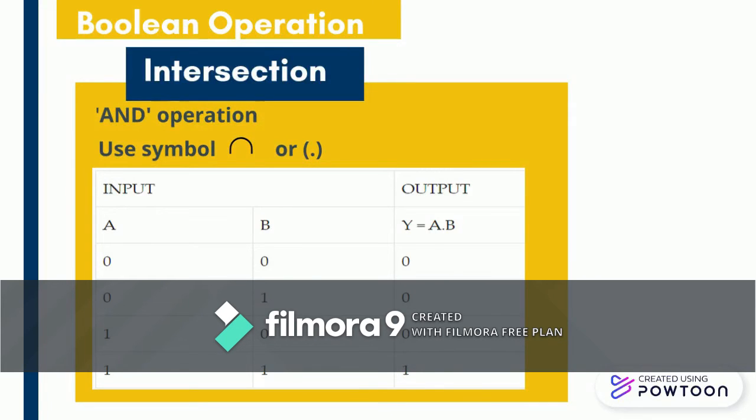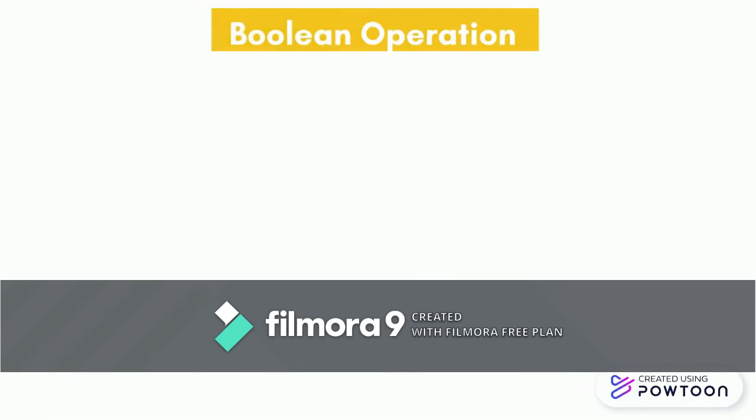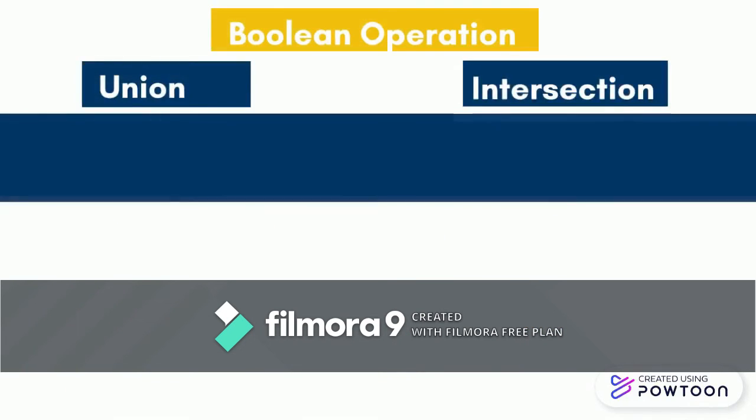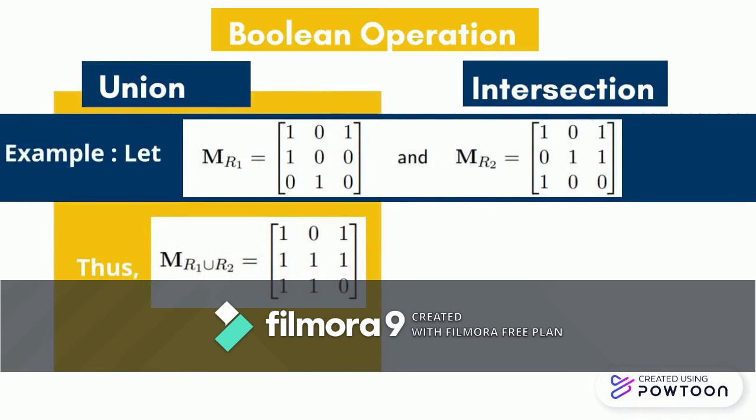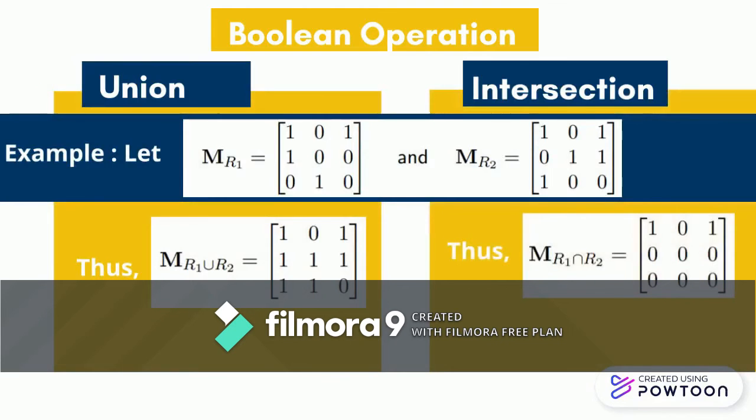The rest is equal to 0. Let MR1 equal to and MR2 equal to. Thus, MR1 or R2 is equal to and MR1 and R2 is equal to.